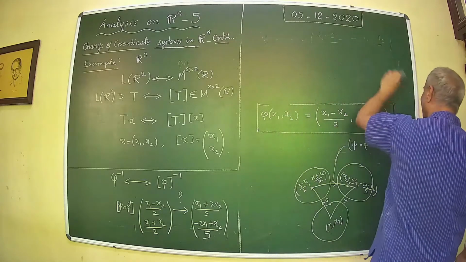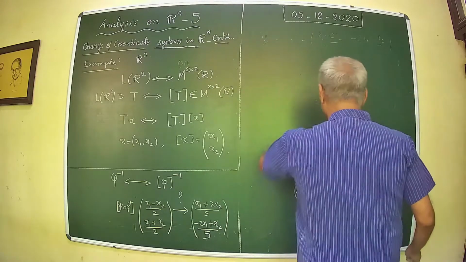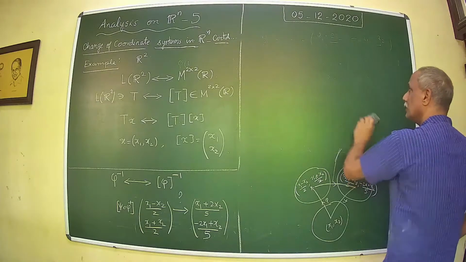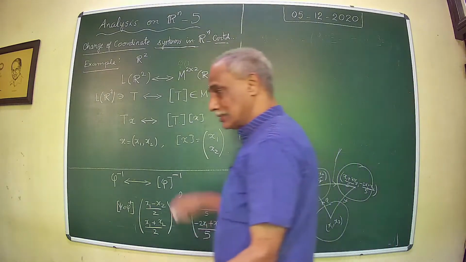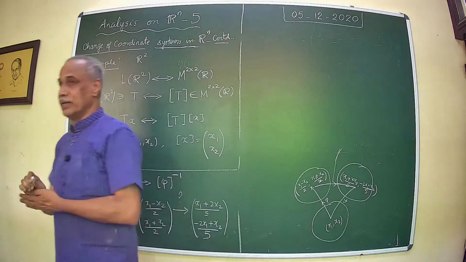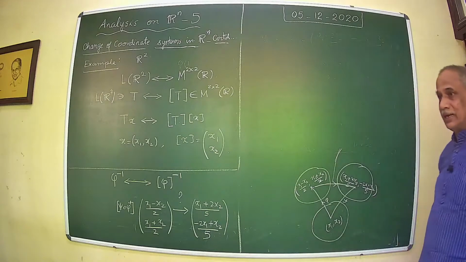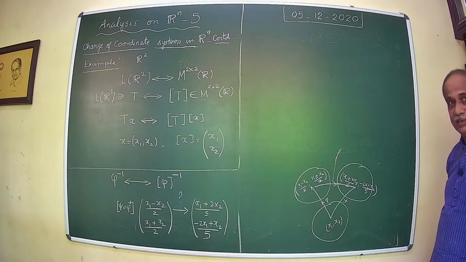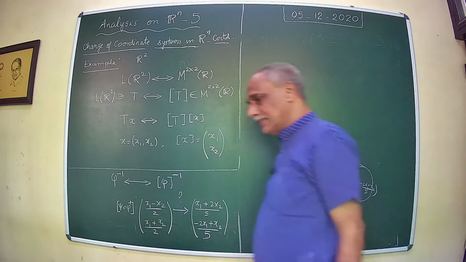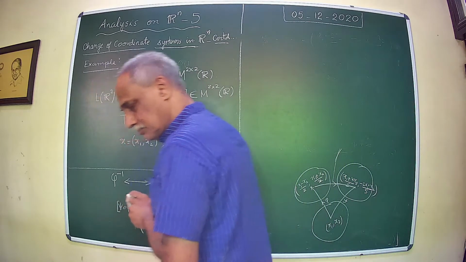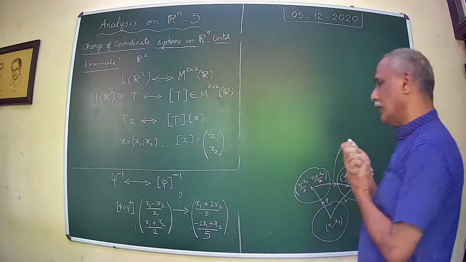Unless you put your hand on examples, you will not get a hang of what is going on. It's much easier to just look at a book and read something and then get a feeling that you have understood everything. And then when it comes to the precise working, you will find that there are a lot of gaps. Therefore, let us start working on this.